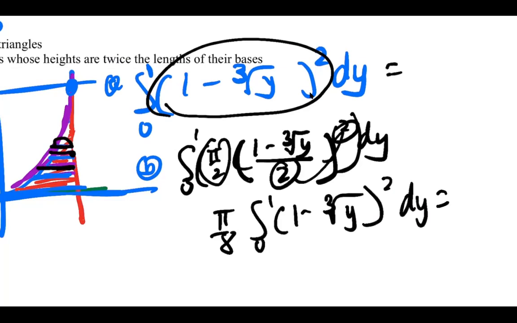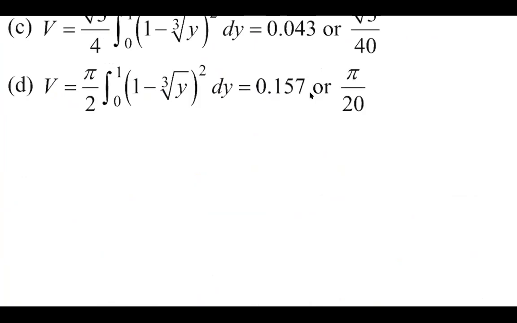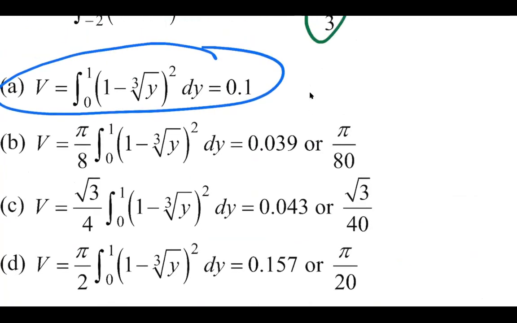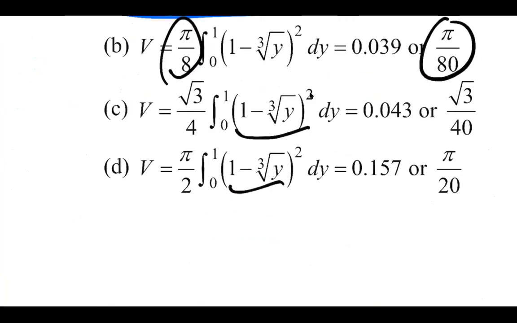You'll work this one out, and I think it said the answer was 0.1. So our new answer should be pi over 8 times 0.1. And you keep getting this in there.